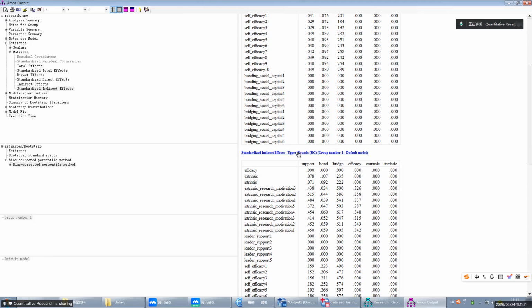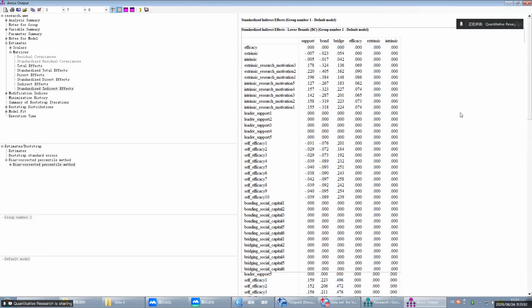That's the criteria. So the next issue is what? How to find the 95% confidence intervals, right? It's easy, as you can see here.